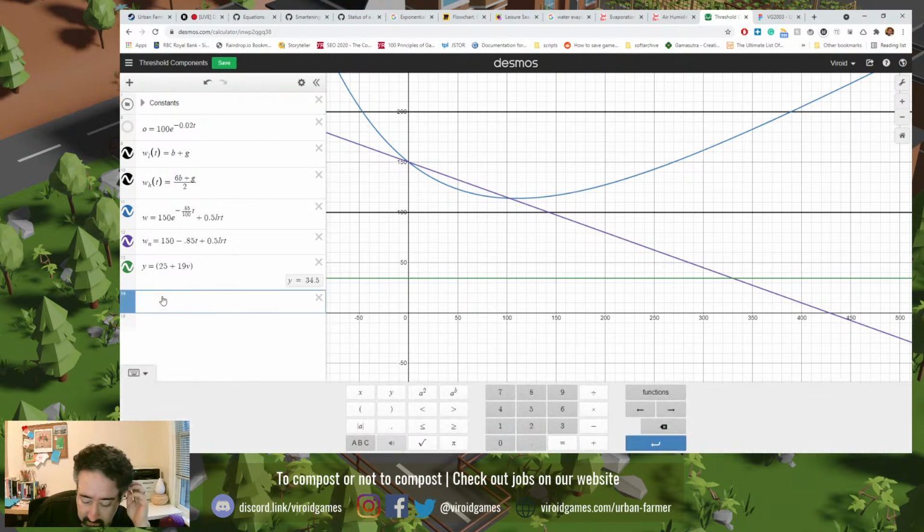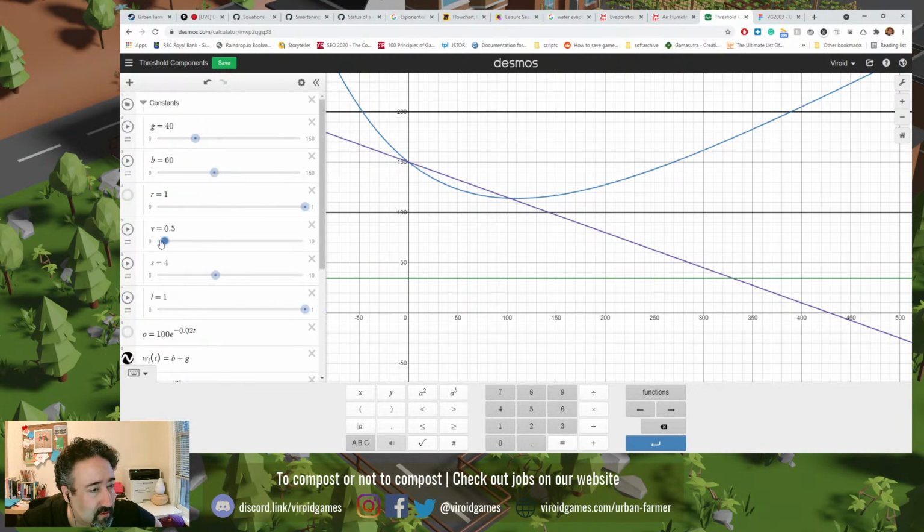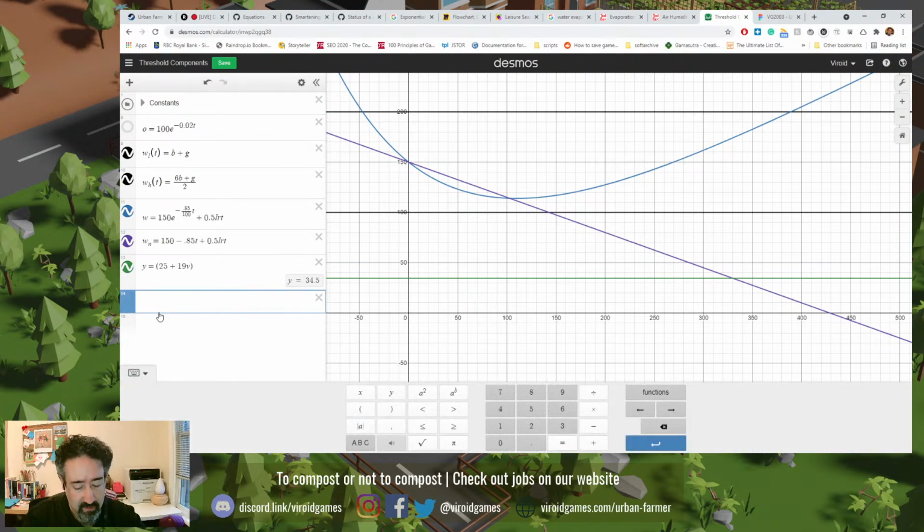We need a new name for temperature. I don't want to put T because T is the time. I'm almost tempted to actually turn these into notation like this, WL, WH. Let's go with P for now. Temperature is 25. Fine.